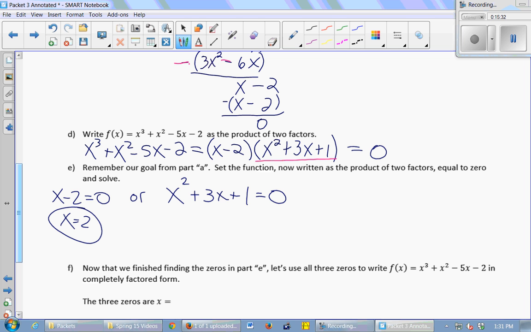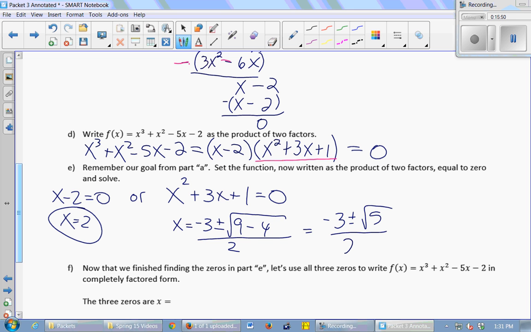And then how do you solve that? Quadratic formula. So x is going to be negative 3 plus or minus the square root of 9 minus 4, all over 2, which is negative 3 plus or minus root 5 over 2. So there's my other two zeros. So now I have found 3 zeros. That was my goal.